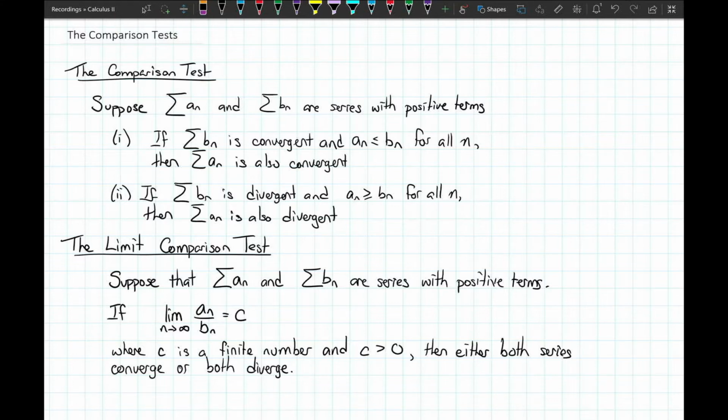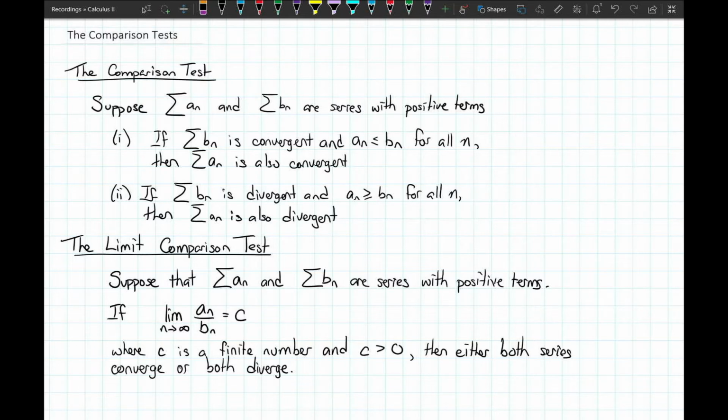We take the limit as n goes to infinity, and if that limit exists and it's a finite number, greater than 0, then either both series must converge or both series must diverge. And since we'll be comparing to a well-known series that we know converges or diverges, then we can make the appropriate conclusion about a_n.